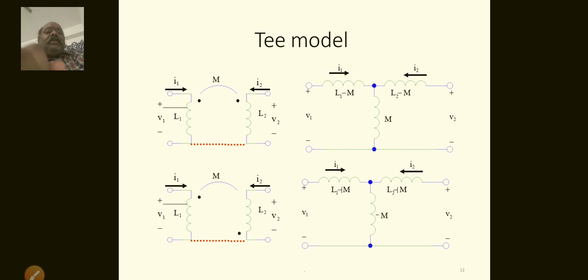First you take L1 minus M, where M is the mutual induction, some value will be there. So L1 minus M, L2 minus M for the T network of the first figure. The current directions I1 and I2, the dots will be there like this. So therefore L1 minus M and L2 minus M.